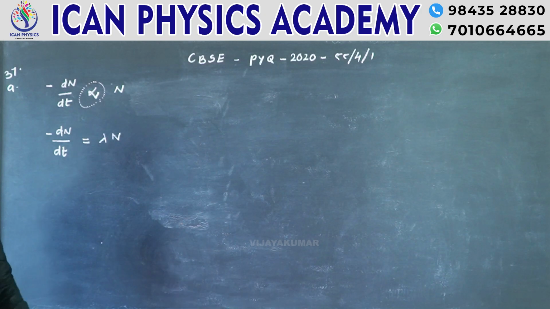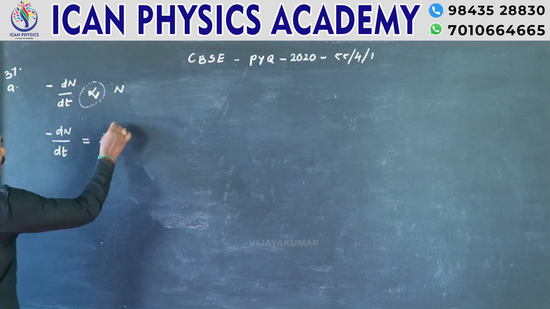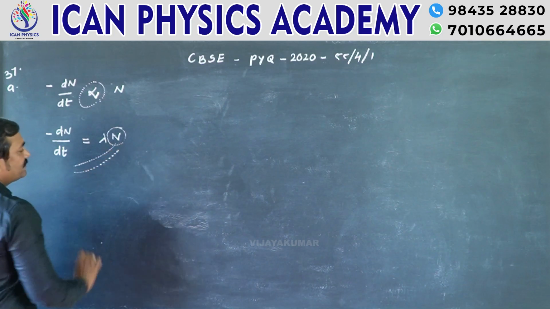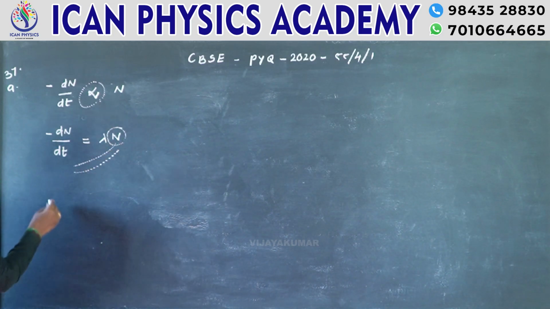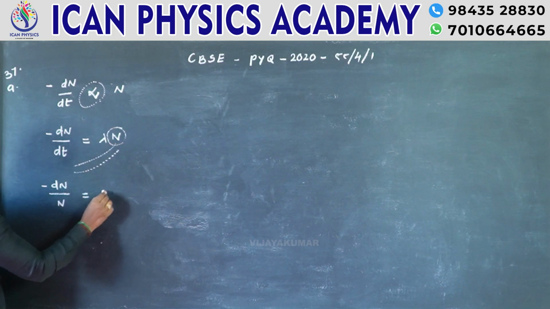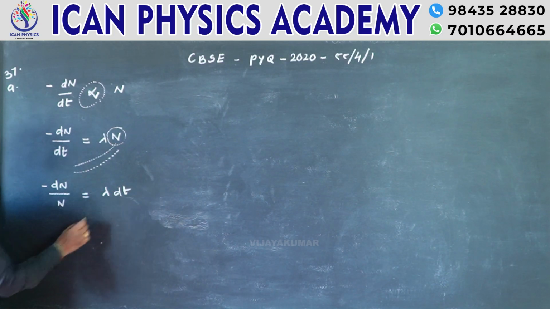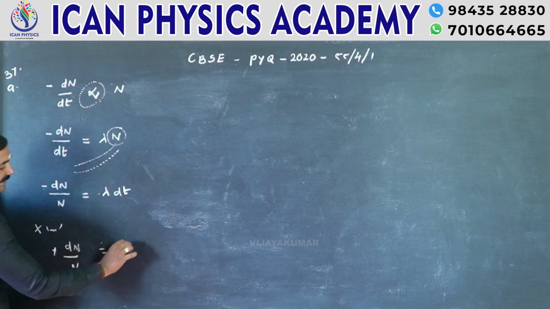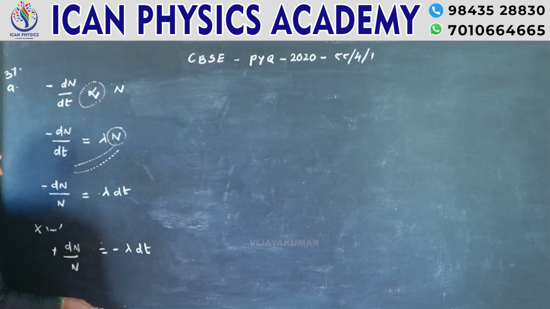By using the variable separable method, the multiplication N comes to this side as division, and the division dt goes to the right side as multiplication. So minus dN by N equal to lambda into dt. Now multiplying by minus, minus into minus becomes plus, and minus into plus gives minus lambda into dt.